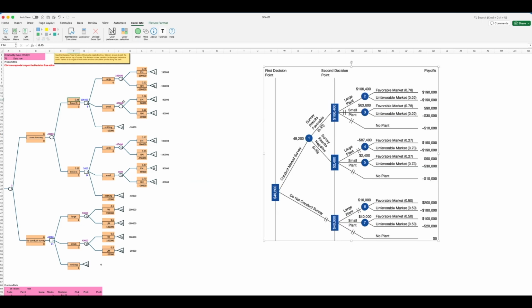So now if we change any of these probabilistic values, we can see what is the best payoff possible when we want to make a decision. So if I change, for example, this to 75 and this also to 75, you can see that the payoffs will change. Still, this is the best payoff, but if I change the other values, you can see which one of the choices gives you the best payoff.